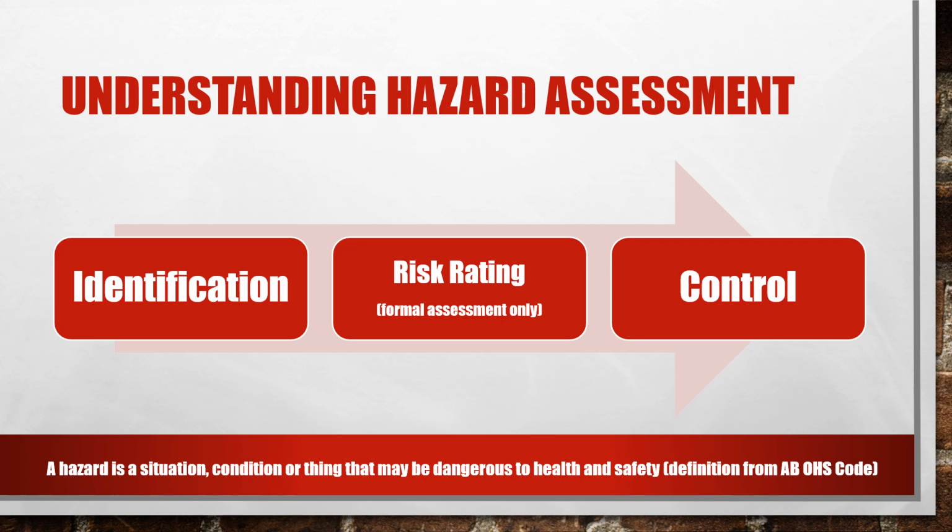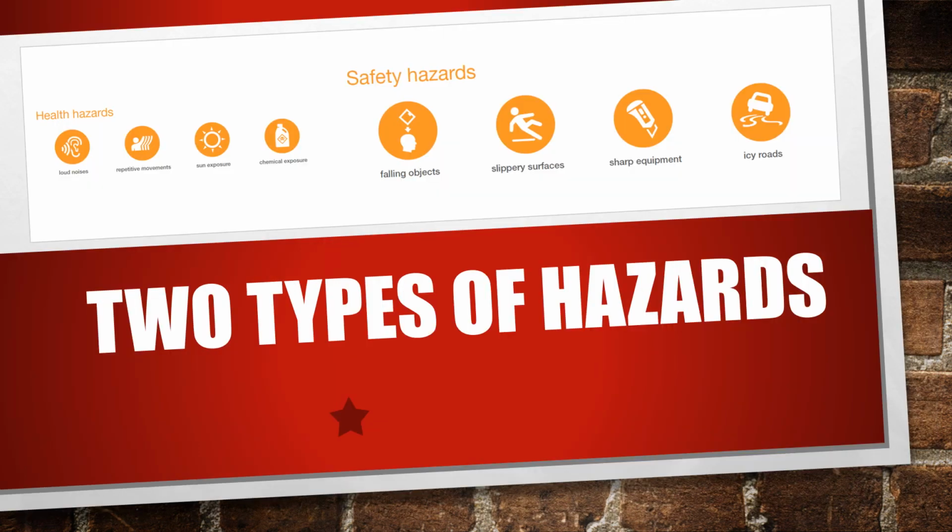It is risk rating the hazard. Risk rating allows for prioritization of the hazard. That is, a hazard which is high rated needs to be addressed first, and so on. The last step is controlling a hazard for the purpose of mitigating the risk of the hazard from hurting you, property, or the environment.